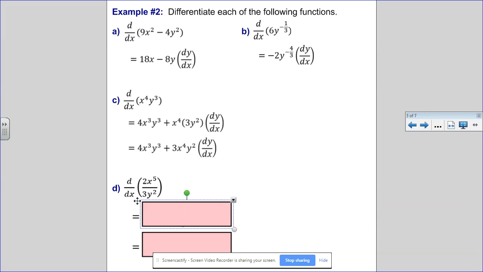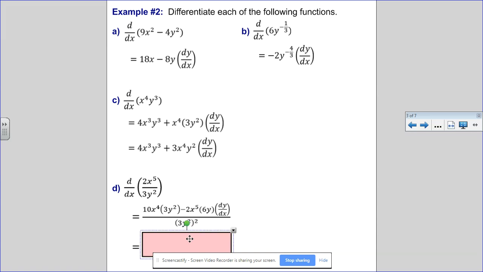This next one, we're going to have to do the quotient rule since we have one over the other. So we'll take the derivative of our first term, 2x to the power of 5, leave our second term, subtract, leaving our first term, and taking the derivative of our second term, which is 6y with our tag along dy over dx. And then, as always, we leave the bottom term and square it.